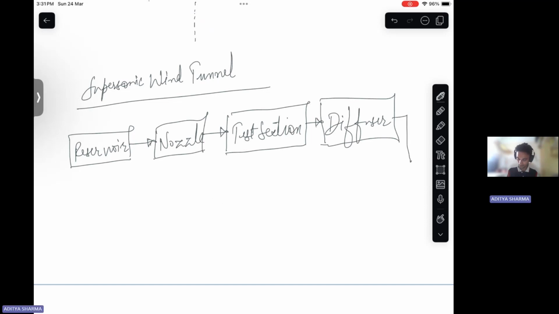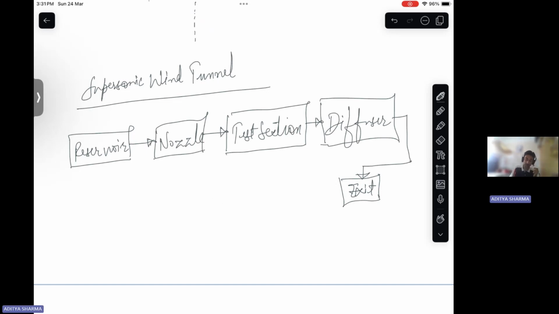These are the components of a supersonic wind tunnel and how the flow moves through it. This is the sequence of it.